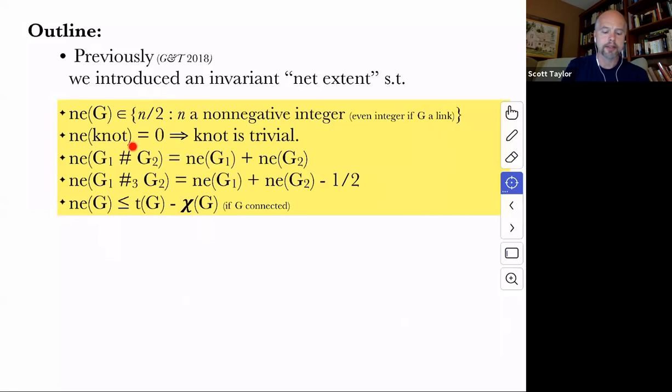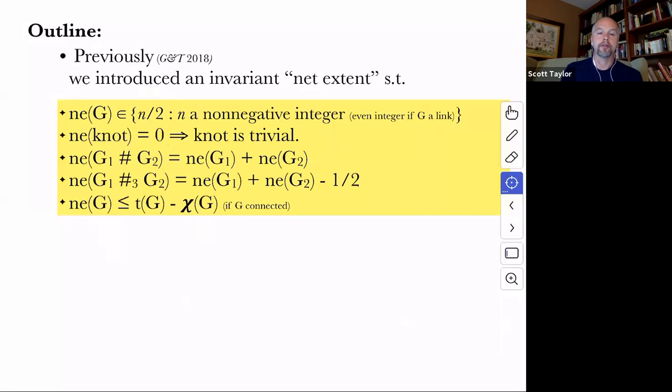In the context of working with things in the 3-sphere, if we have a knot that has net extent 0, it turns out that the knot is actually the trivial knot. So it detects the unknot. It also has the fantastic property that it's additive under connected sum and -1/2 additive under trivalent vertex sum.